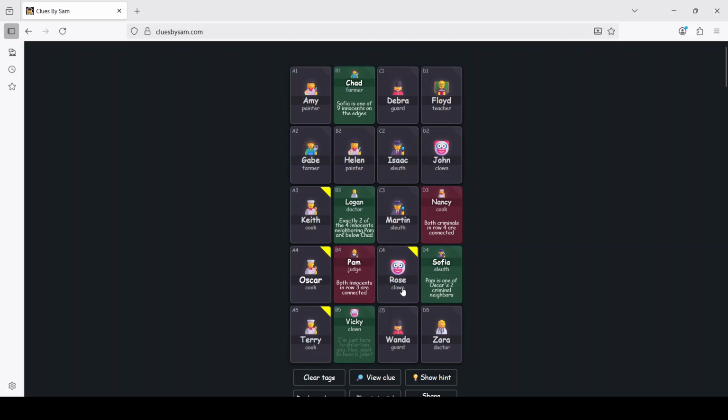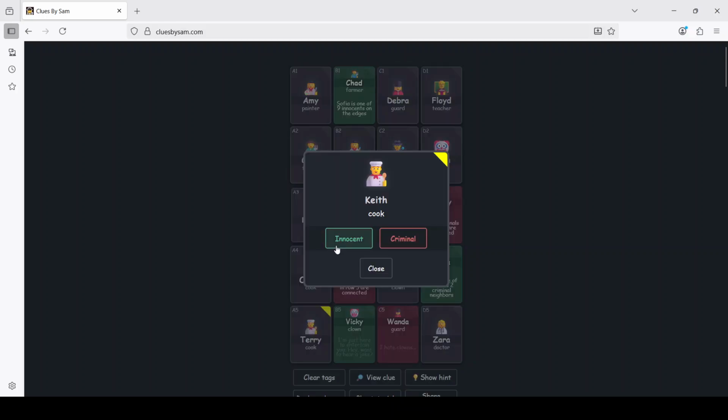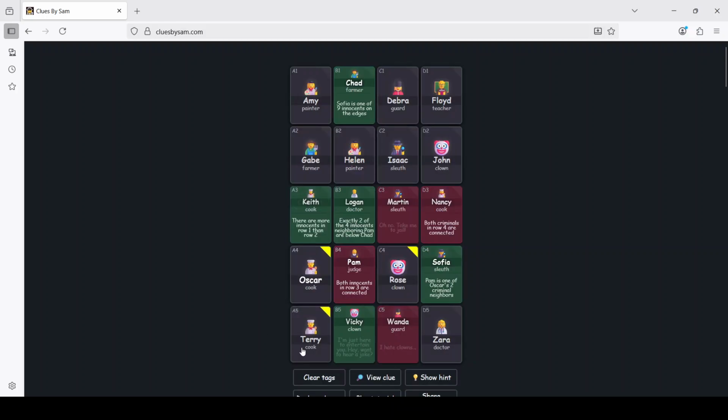That means, because if Pam has 4 innocent neighbors out of 8 total neighbors, there are going to be 4 criminal neighbors. Martin and Wanda are both criminals. Neither of them have clues for us, unfortunately. However, that does let us know that Keith was in fact innocent, and therefore Terry is a criminal.